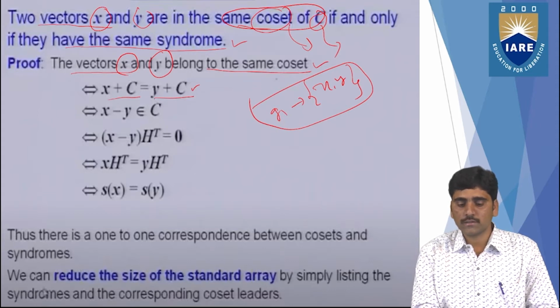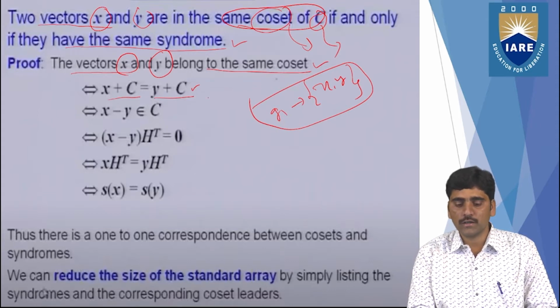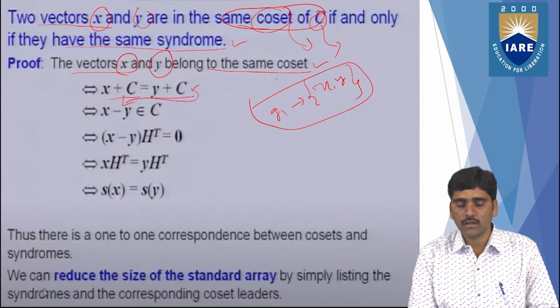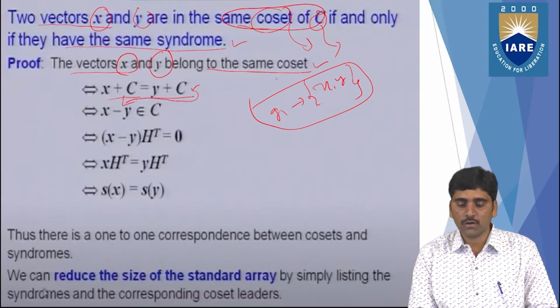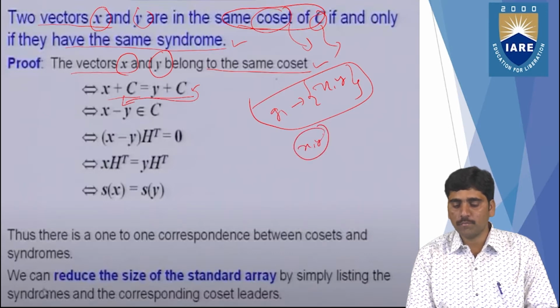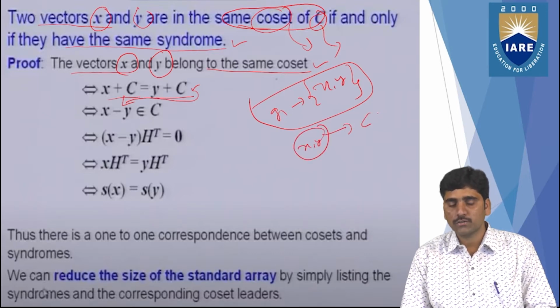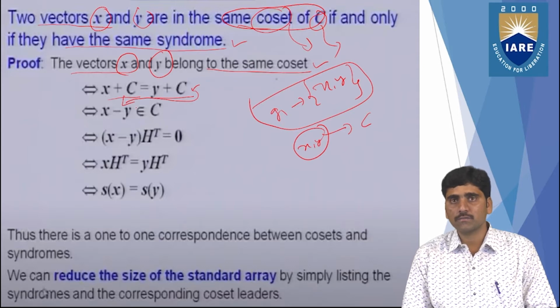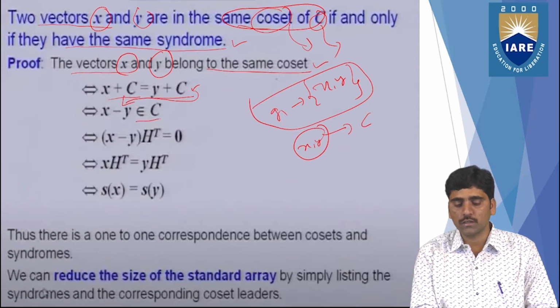So we can write x minus y belongs to C, because x and y are in the same coset.